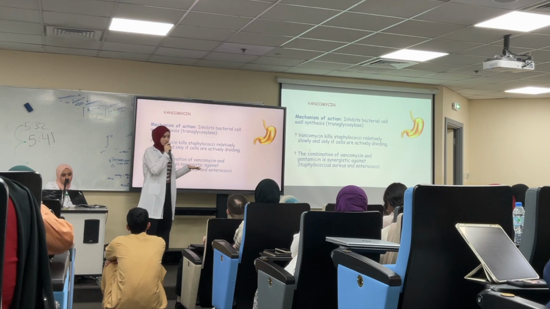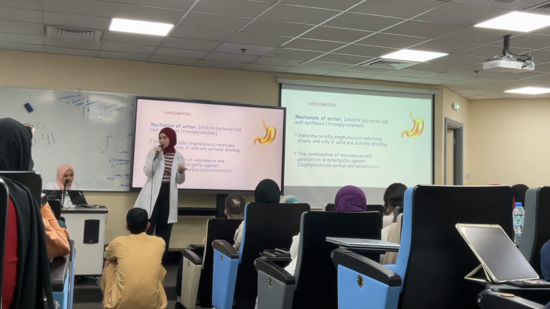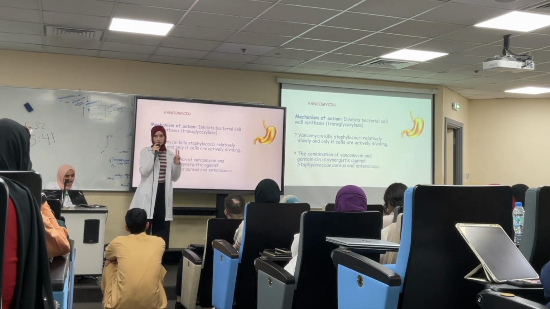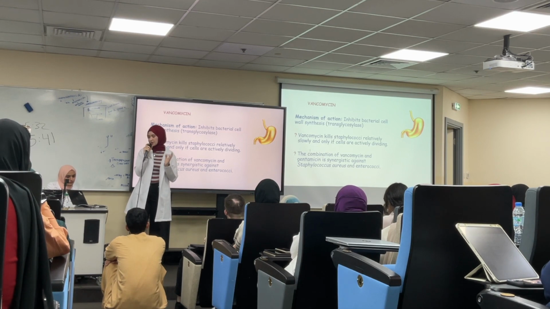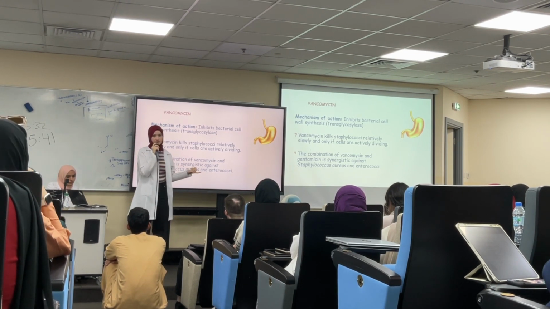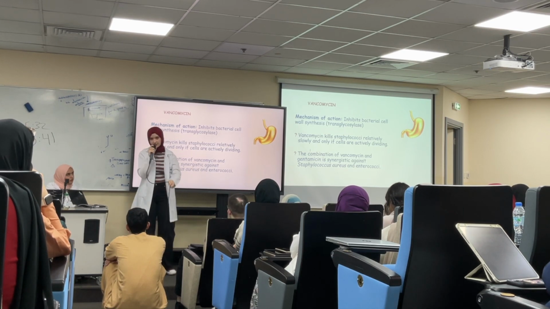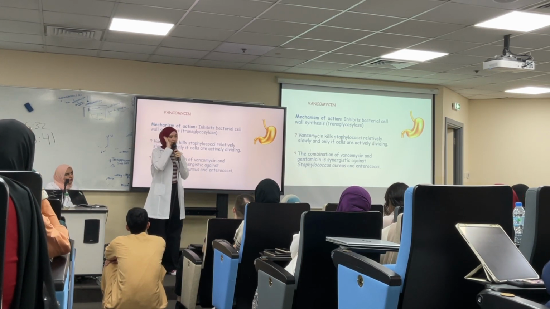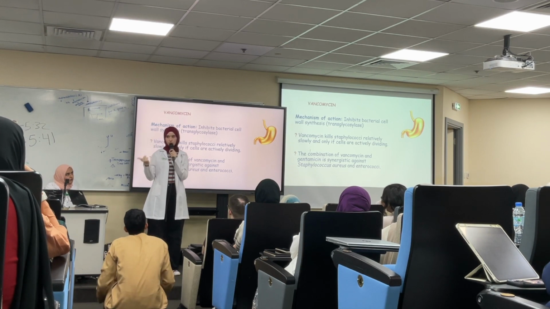And enterococci is not easy to be killed, right? The scientists tried to find a way to treat the enterococci with the staph aureus, some kind of bacteria that are not easy to be treated, by a combination of vancomycin and gentamicin.